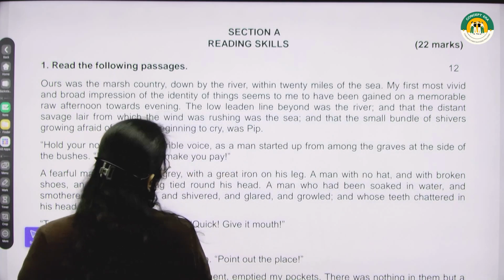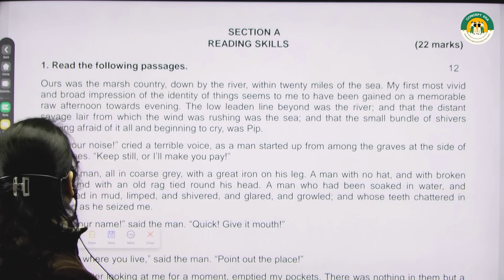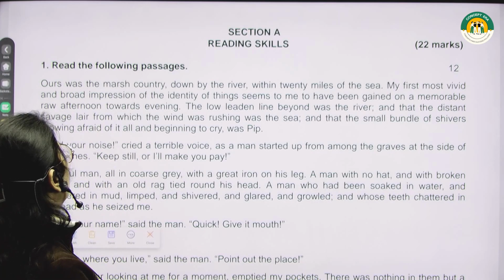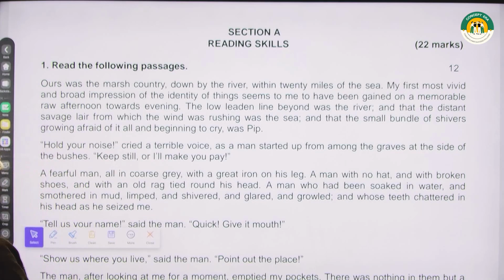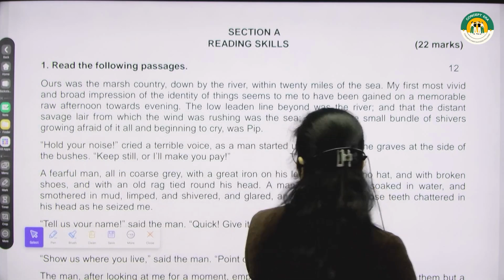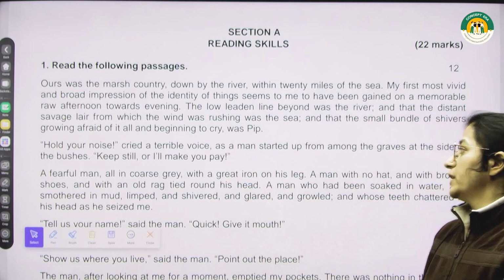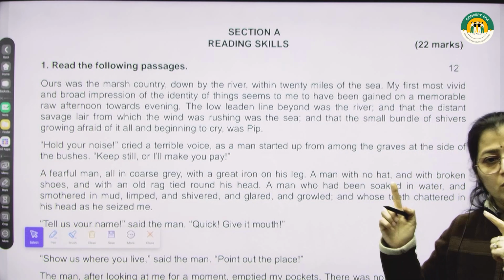The low leaden line beyond was the river, and the distant savage lair from which the wind was rushing was the sea, and the small bundle of shivers growing afraid of it all and beginning to cry was Pip.